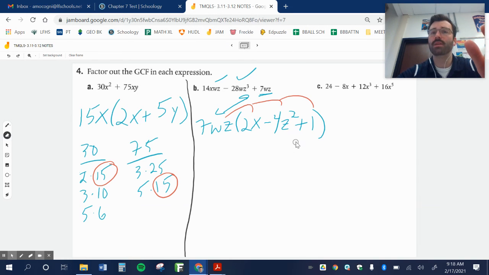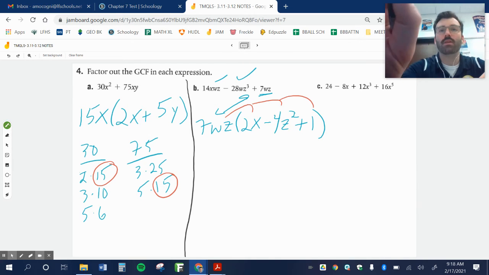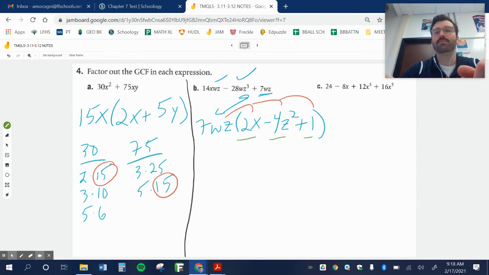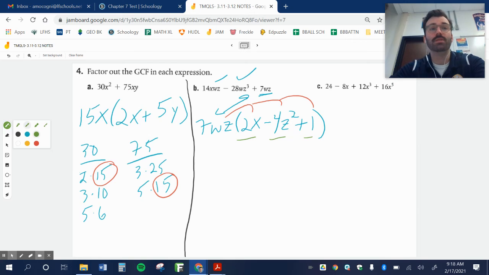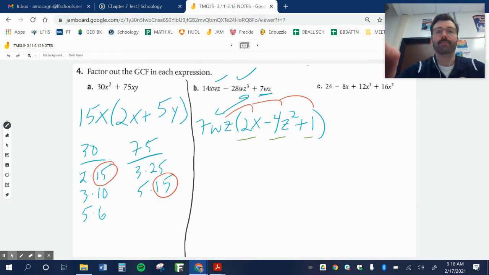If we start with 3, inside our parentheses must be 3 as well. So in part C, I start with 4 terms. Inside my parentheses, no matter what my GCF is, there must be 4 terms. Okay?